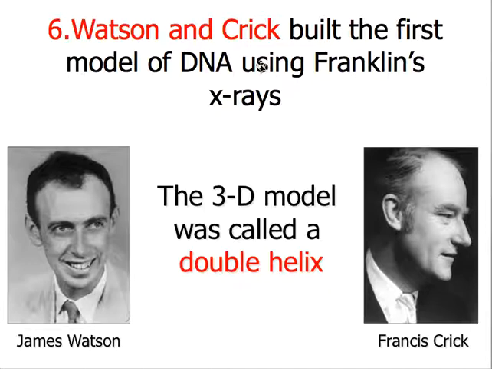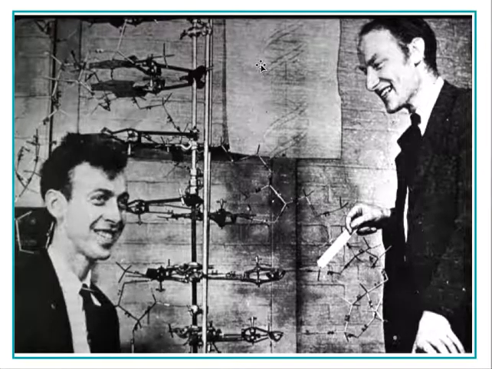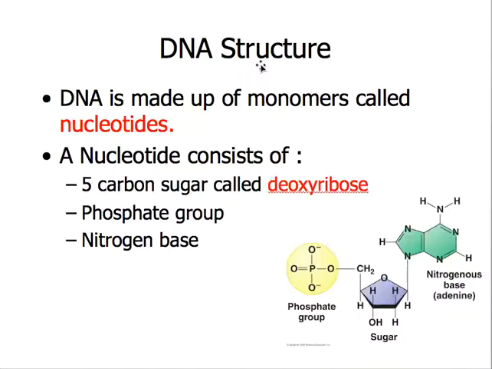She is known for coming up with X-ray diffraction, but she didn't get a whole lot of attention for it because she died before they could actually get the Nobel Peace Prize, and she died of ovarian cancer, which she probably got from all the radiation from X-rays. But anyway, that's a little bit of the history. So there's an image of Watson and Crick and their setup of the model of DNA.